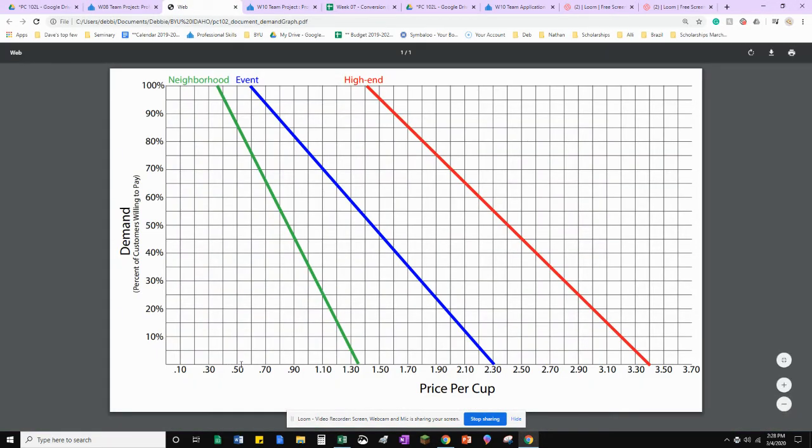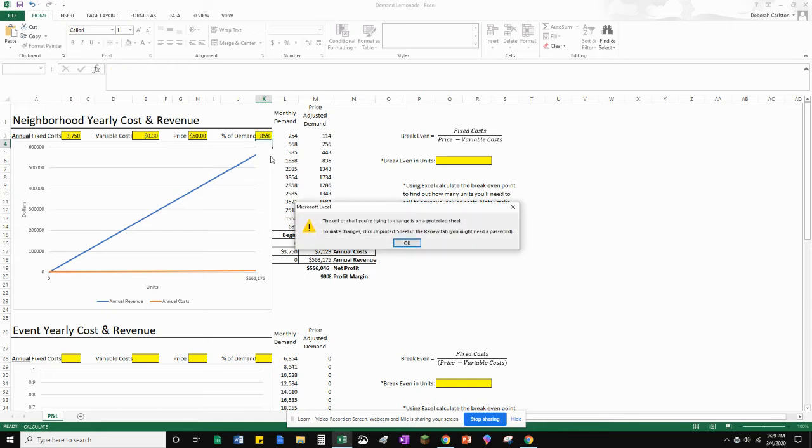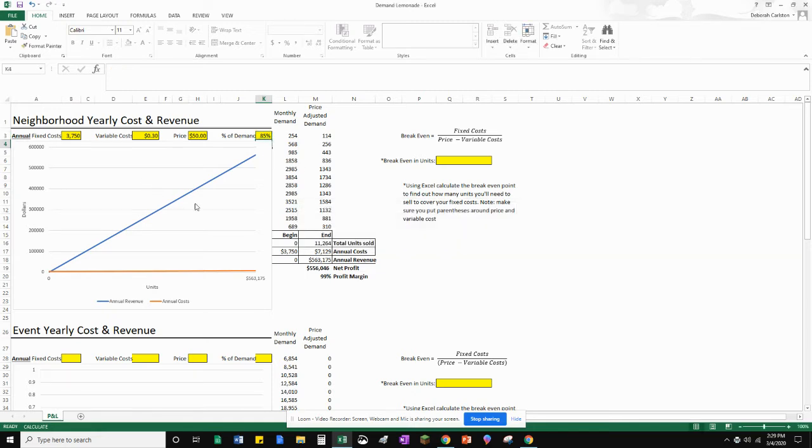If I sold for 50 cents a cup, 85% of the people who normally demand it would buy it. So let's go 50 cents, and then we've got 85%. Oops, my computer's rebelling on me here.